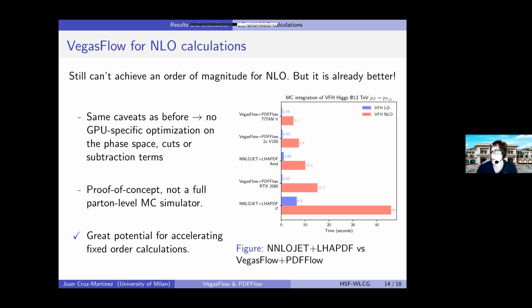But on the other hand, there's nothing that stops me from implementing this extra layer of optimization on the phase space on GPU. So in principle, if the sampling is the same, the number of points should be equivalent. Okay, thanks.